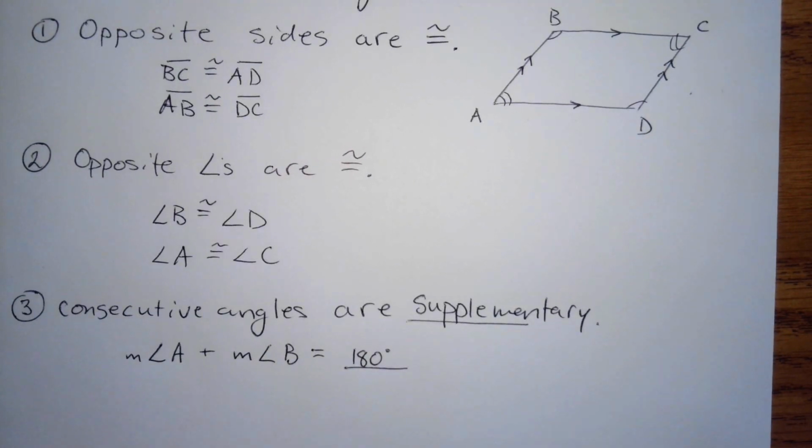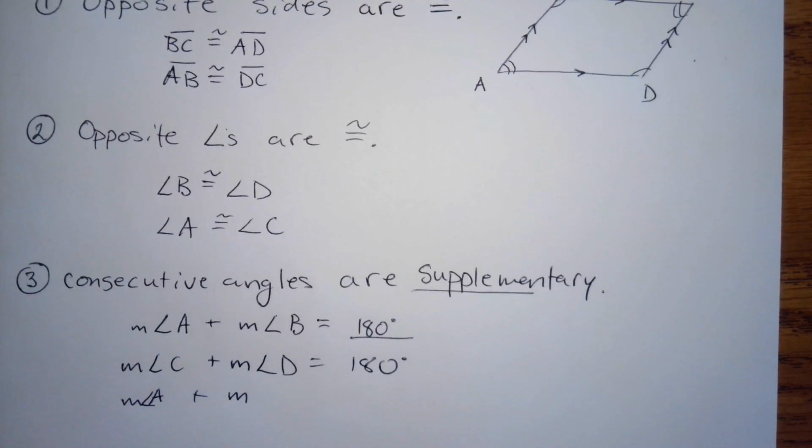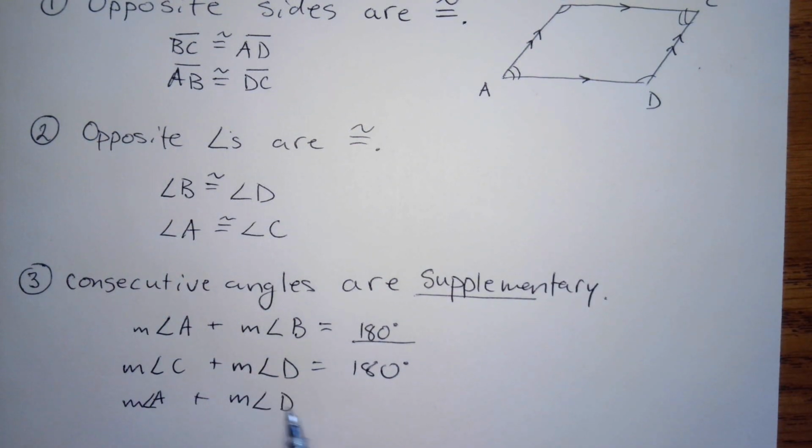What other two angles add up to 180 from this picture? So we have A and B. C and D. Measure of angle C plus the measure of angle D equals 180. What else? There's more. A and D. Measure angle A plus the measure of angle D add up to 180.